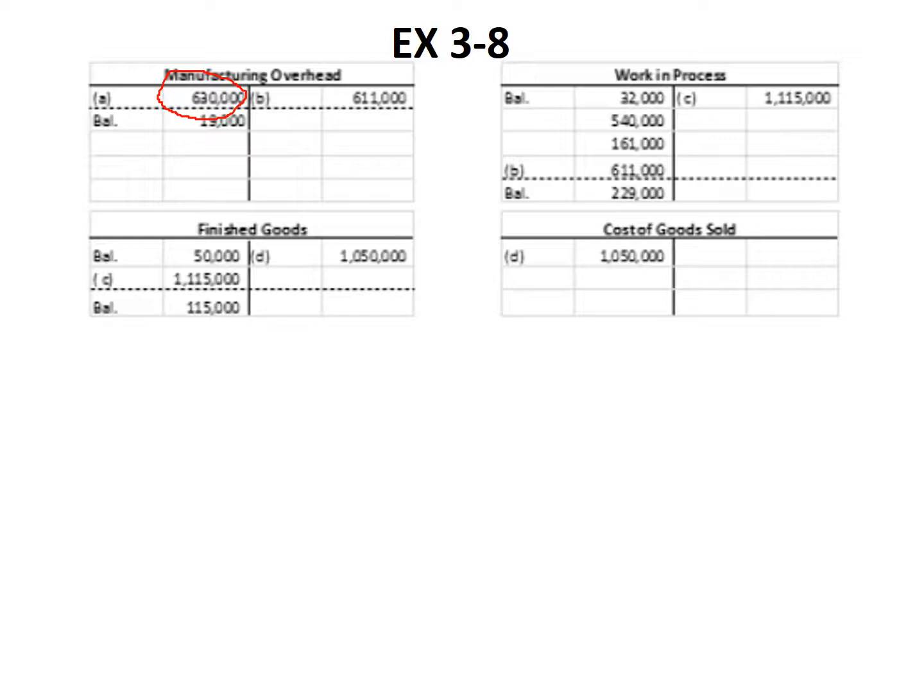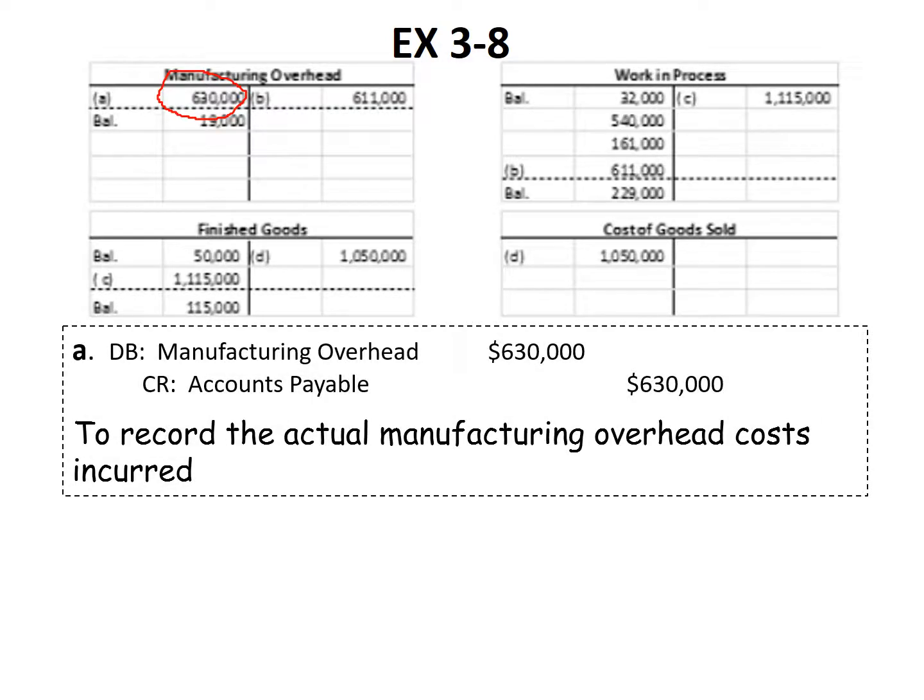So if we go ahead and create that journal entry, it would look like this. We debit manufacturing overhead for $630,000, credit accounts payable for $630,000. And this represents the actual overhead costs incurred. Remember, when we take a look at the left side or the debit side of manufacturing overhead, those are the actual indirect costs incurred.